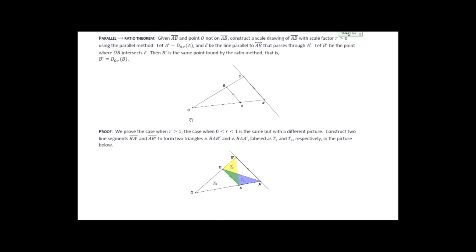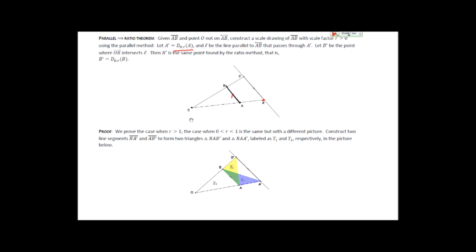So in this theorem, we are given AB and point O not on segment AB, and we construct a scale drawing of AB with scale factor r greater than 0 using the parallel method. So A prime is the point I get after dilating A with center O and the scale factor of r.